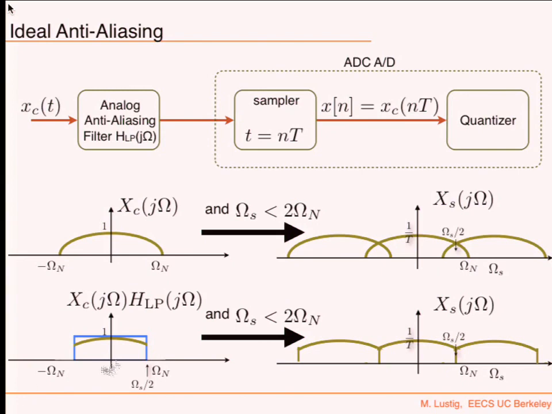So this is in a perfect world, right? But obviously, that is never going to happen, because to produce such a sharp filter, you need a really, really long delay. You really need lots of taps. And of course, your signal changes over time, so it's not going to be stationary. So it's just not going to work.